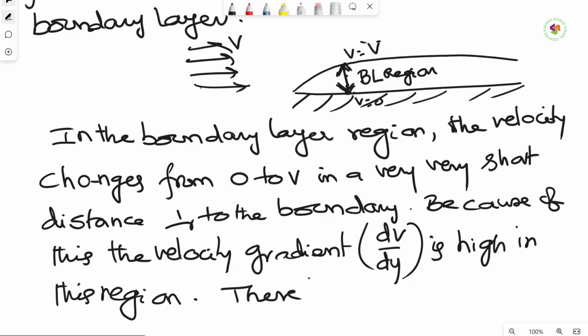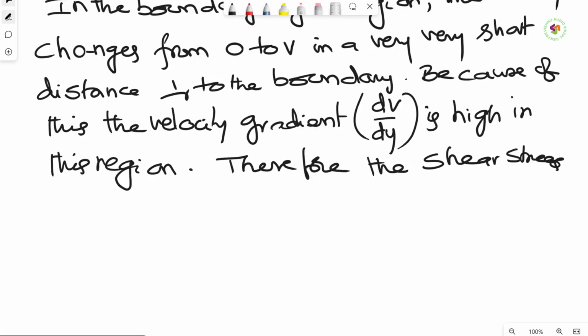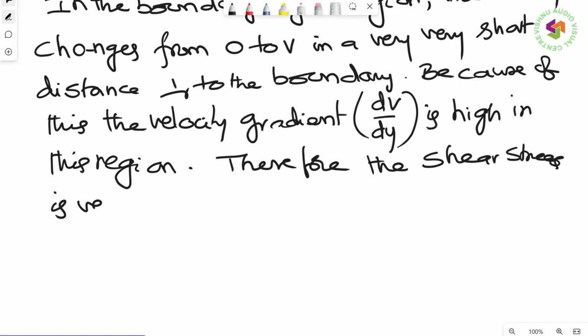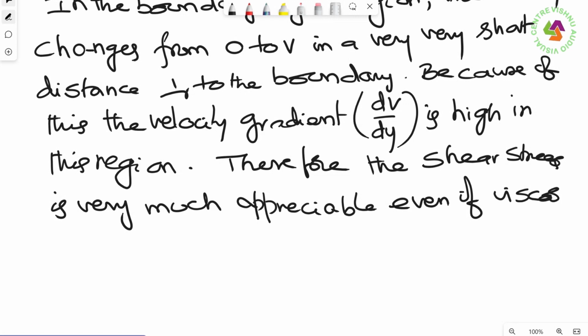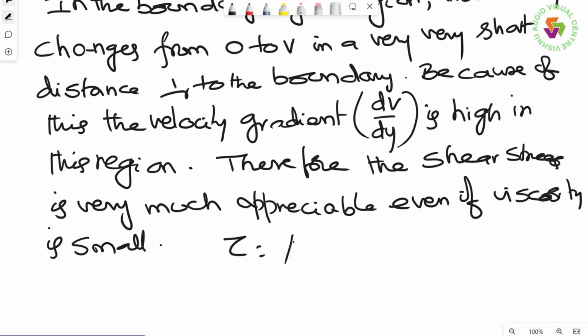Therefore, the shear stress is very much appreciable even if viscosity is small, because you know that shear stress depends on two things.